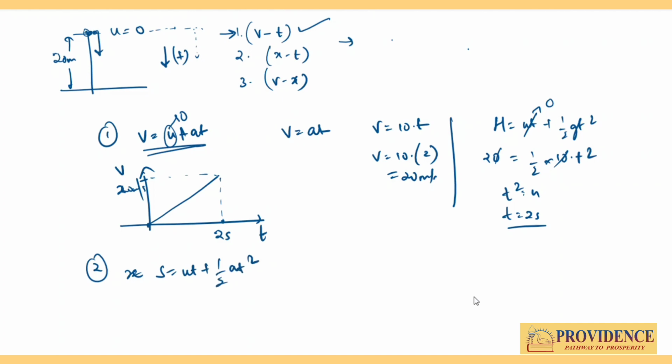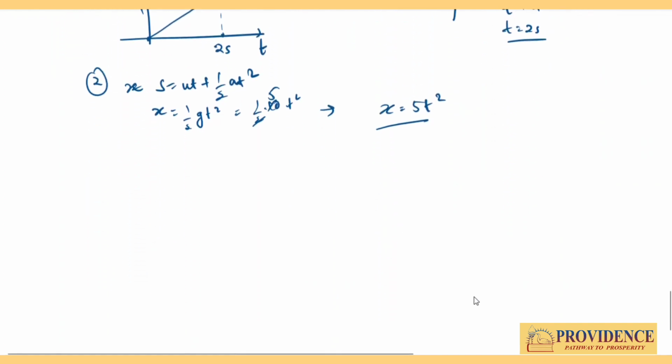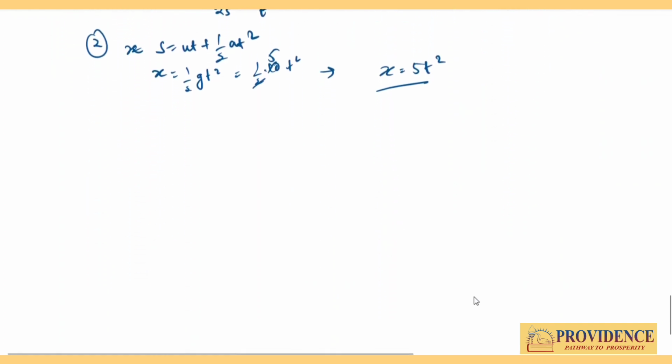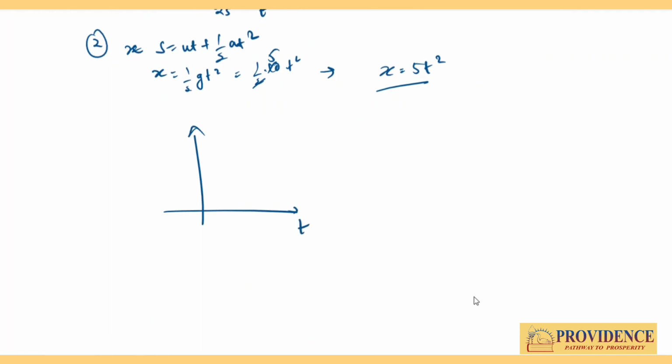So here the displacement, if this is x, initial velocity is 0, so this is simply half gt square, which is half into 10 into t square. So simply the governing equation will be x is equal to 5t square. We have already done the graph of a parabola, so definitely the nature of this graph should be something like this.